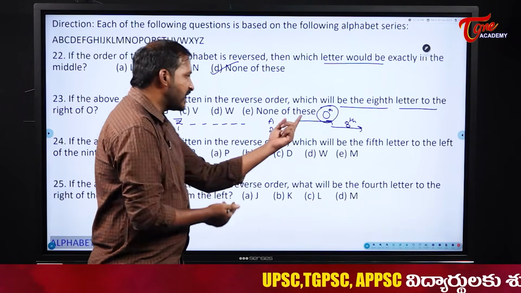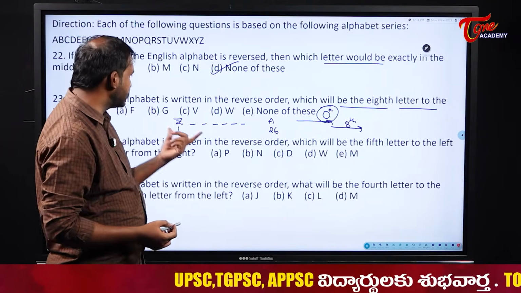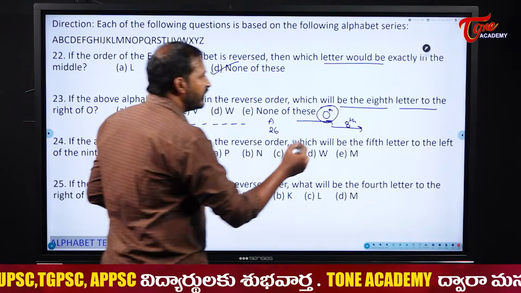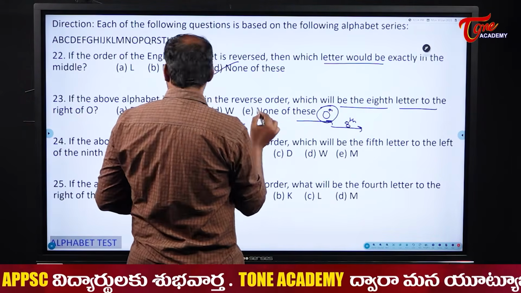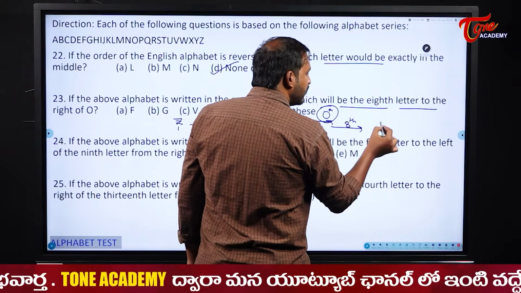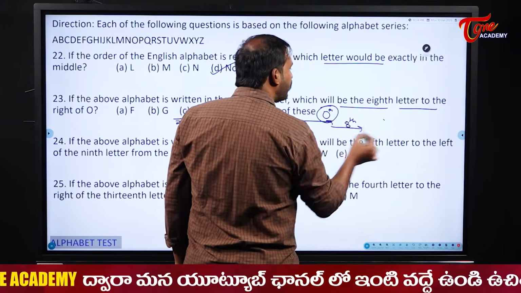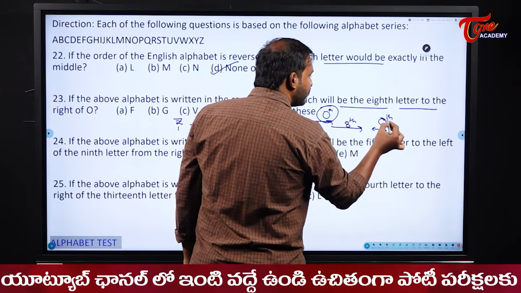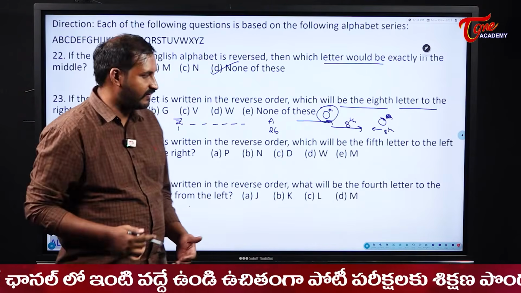What did they ask us in the question? Written in reverse, we need to find the 8th letter to the right of O. So please find the 8th letter to the left of O. Then that will be our answer in the perfect English alphabets.